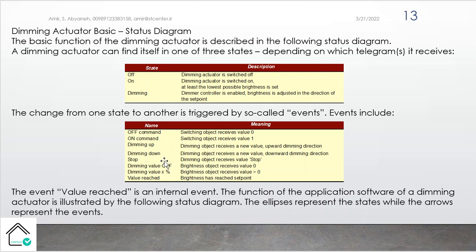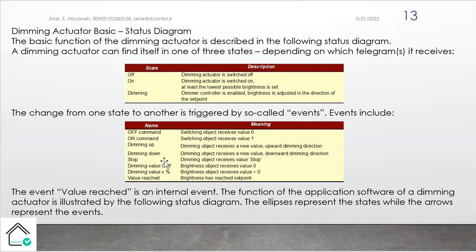You can send the percentage to the dimmer actuator, but keep in mind, for the new actuators. If you go back to dimming actuators from a long time ago, they don't have it, I never saw the percentage, but nowadays every dimmer actuator has this. And when we talk about the dimming actuator, we also cover all related things.